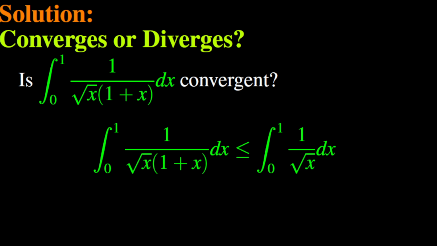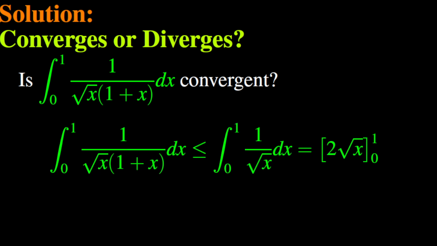So, the integral from 0 to 1 of 1 over the square root of x times 1 plus x dx is less than the integral from 0 to 1 of 1 over the square root of x dx. Which equals 2 times the square root of x evaluated at the endpoints 0 and 1. This is because the antiderivative of 1 over the square root of x is 2 times the square root of x.